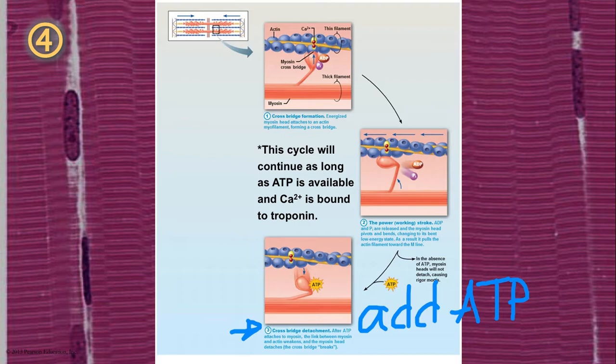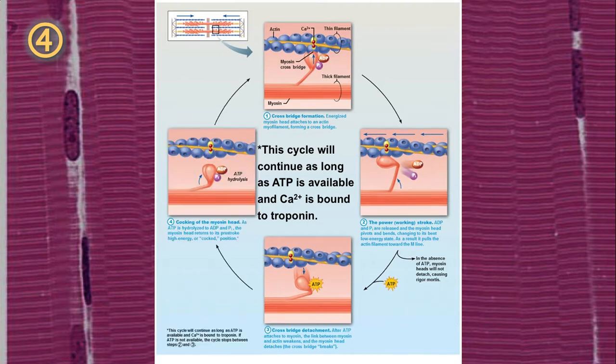We're going to eventually make it back up to that first picture. What do you think is going to have to happen next to get from here to here? The ATP does what? The process is called, it hydrolyzes. So the ATP splits into ADP and phosphate. Okay?